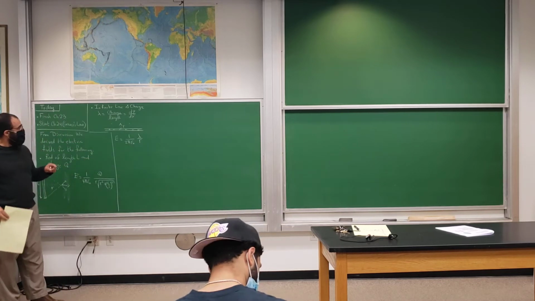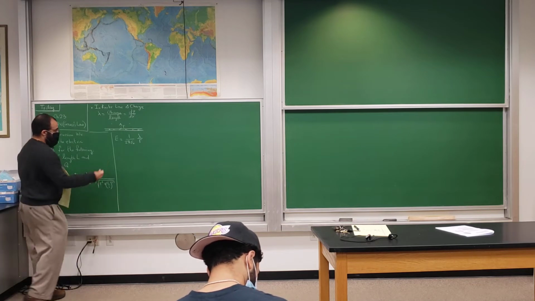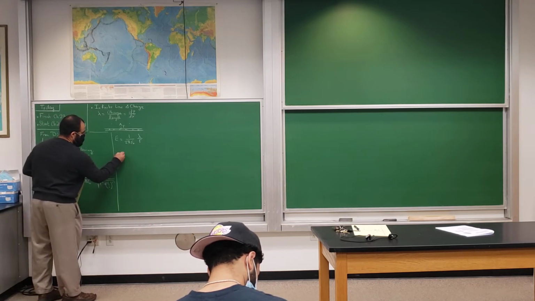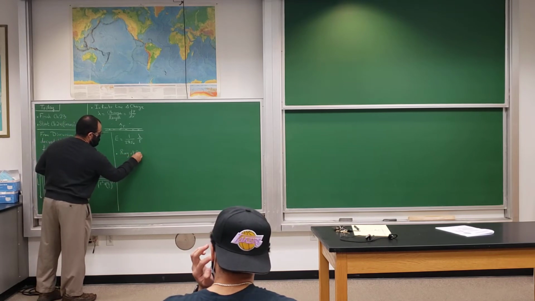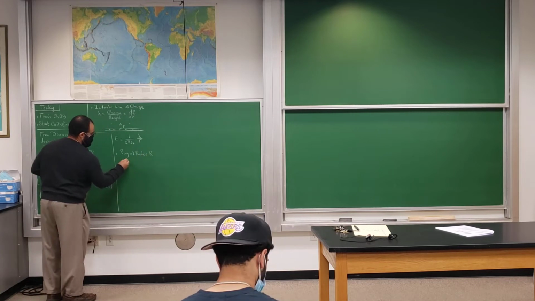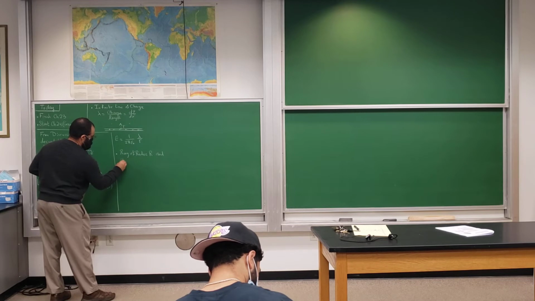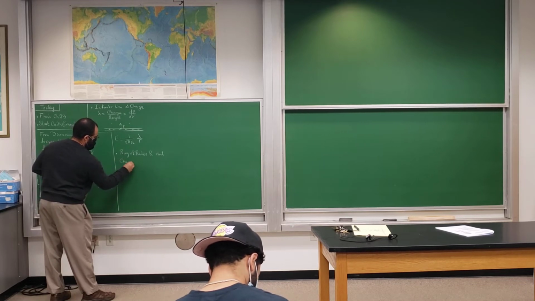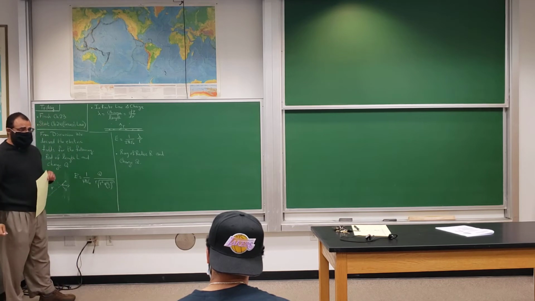Then we did a ring of charge. So a ring of radius r and charge q. We found the electric field due to that.